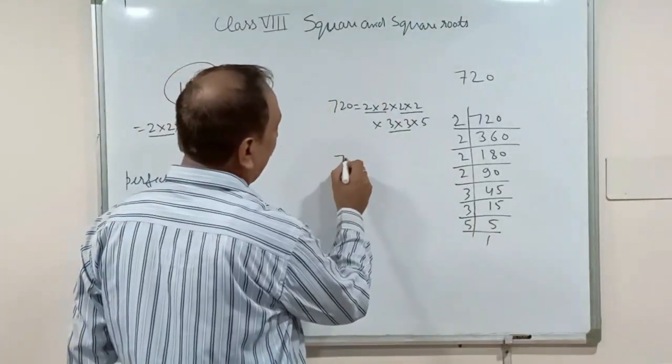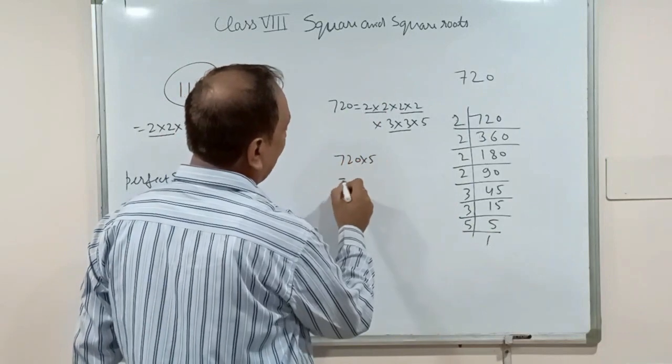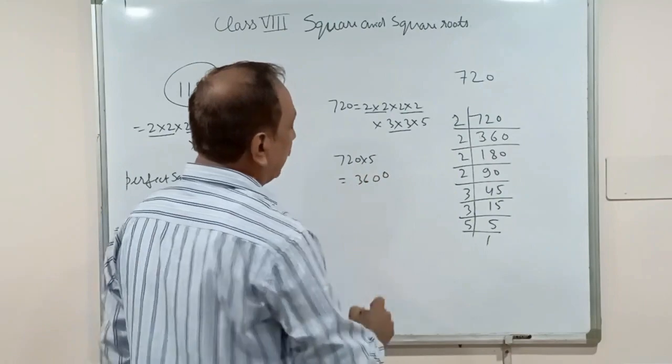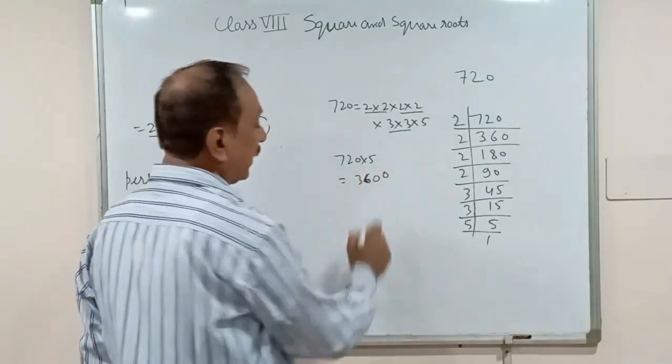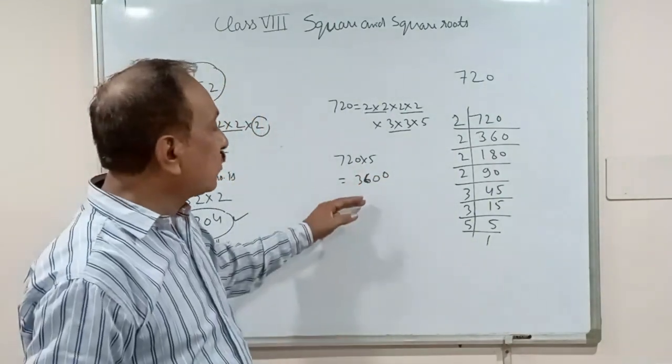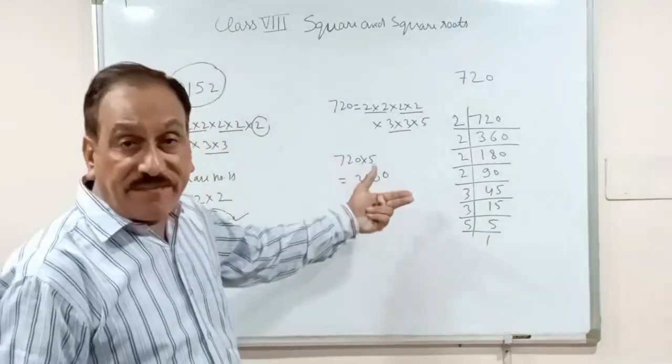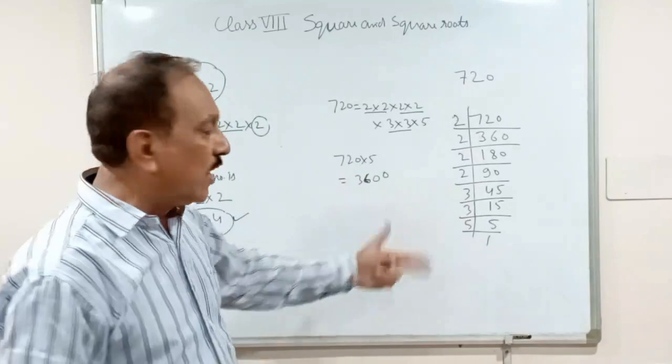So 720 into 5, it is a perfect square. 3600. 3600 is a perfect square. Okay. Then the question is: find the perfect square and its square root.